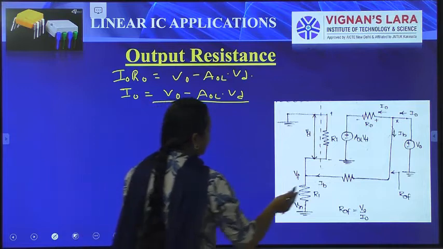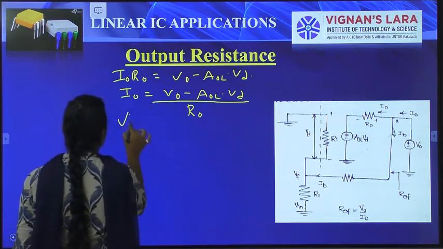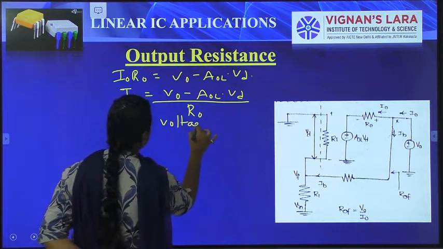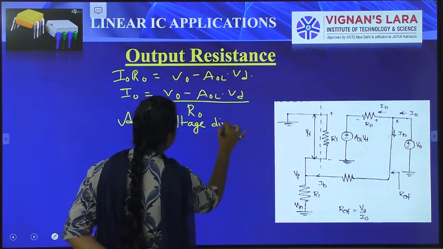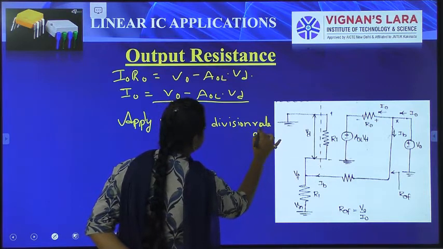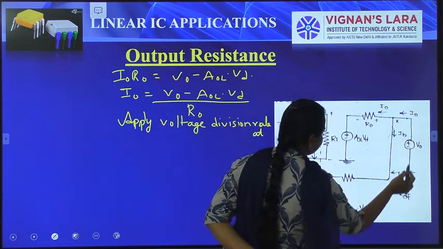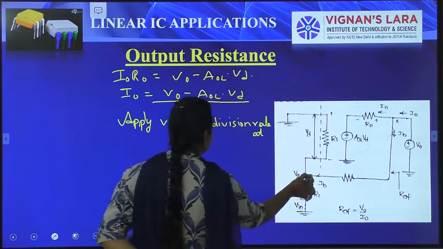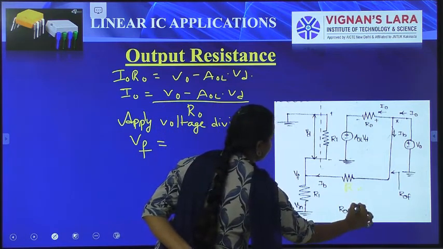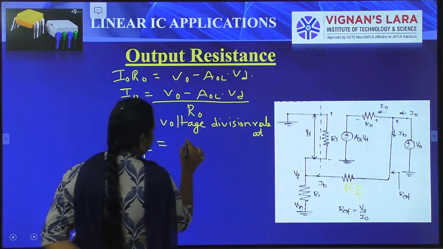Simply, you can apply the voltage division rule here. We can get VF, where this is RF now.